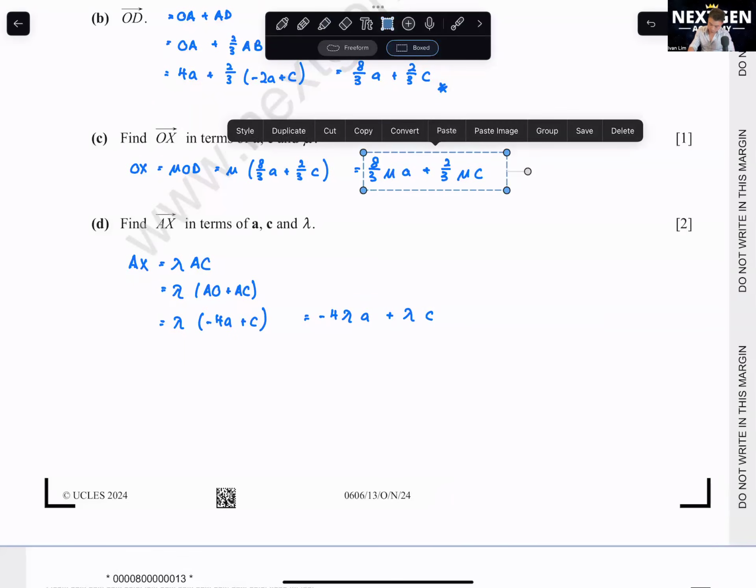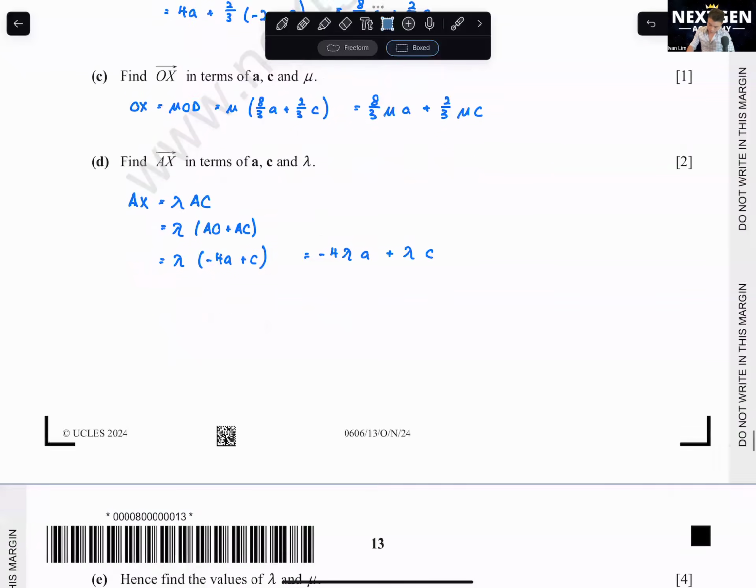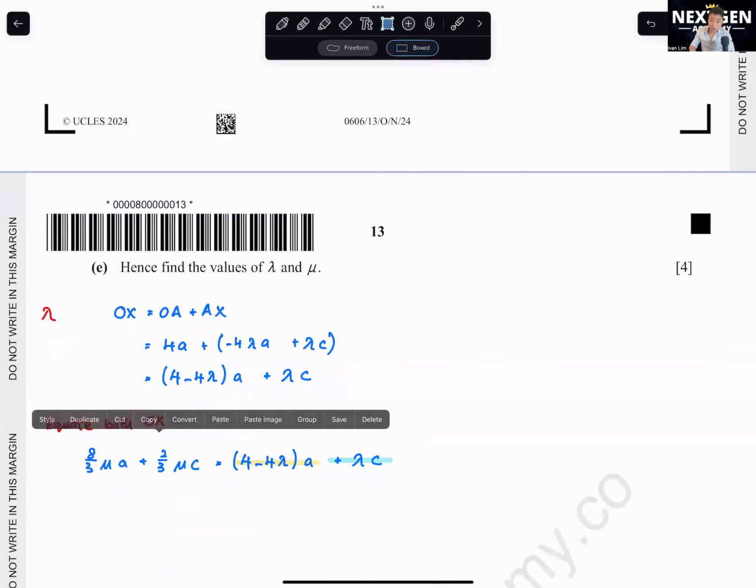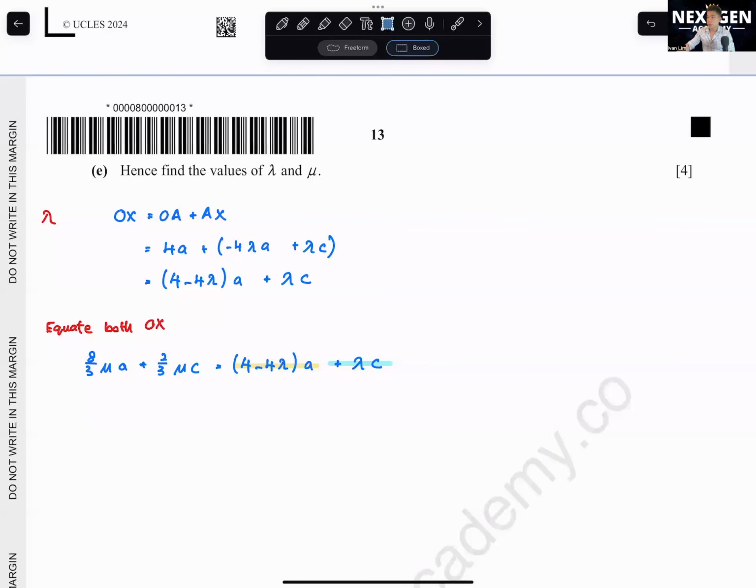We need to equate with this OX, not the negative 4 lambda one. This value: 8 over 3 mu A plus 2 over 3 mu C. Is it correct? 4 minus 4 lambda A plus lambda C. Yeah. So these two we equate with each other.